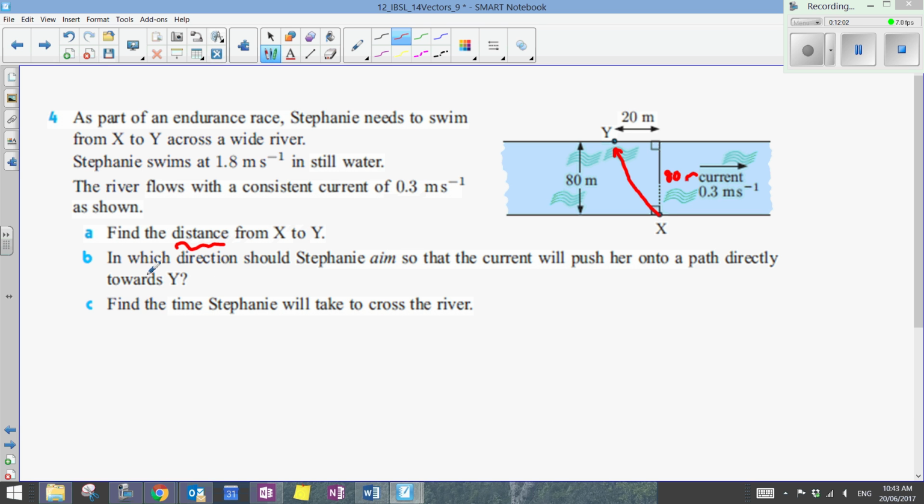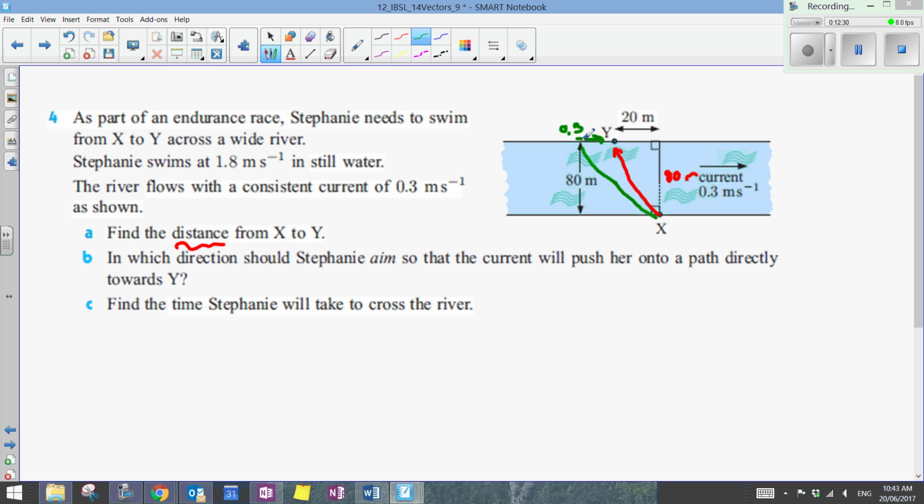For part B, in which direction should Stephanie aim so that the current will push her onto a path directly towards y? We know we want her to go from x to y, but because the current is pushing her to the right at 0.3 meters per second, Stephanie is going to have to compensate for that, since there's a vector pushing her at 0.3 meters per second toward the right.